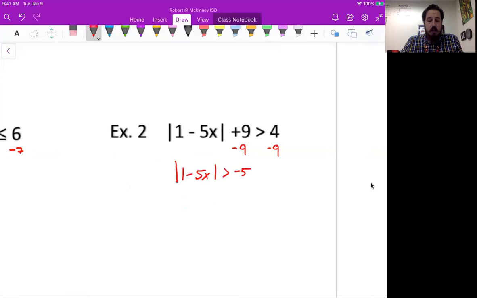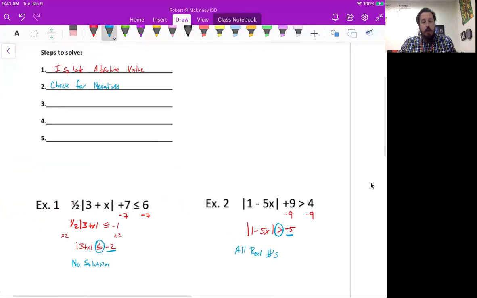When I go to check, this is a negative number, so I'm going to stop here, and I need to pay attention to the inequality. This is now saying I need this absolute value to be greater than a negative number. Well, all non-negative numbers are greater than negative numbers. So it doesn't matter what x is. X can be all real numbers.